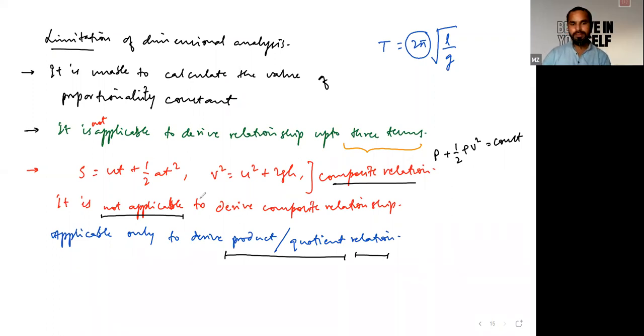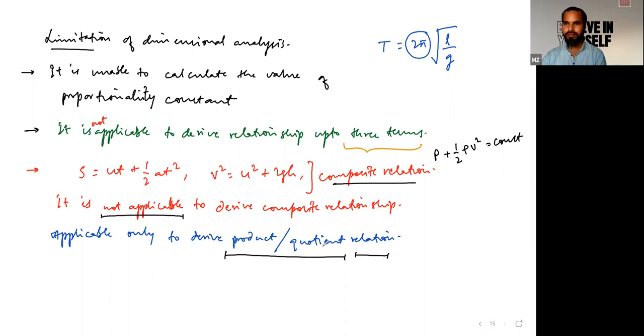The third limitation is that relations which contain a plus sign or minus sign are called composite relationships. And with the help of dimensional analysis, we won't be able to derive this type of relationship, as dimensional analysis gives you results on the basis of product and quotient.